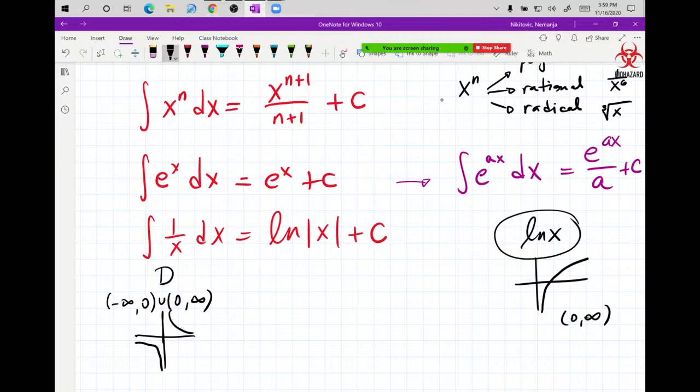But if you have the absolute value present, then all of a sudden, the graph for ln looks like this. It has 2 branches that do this. So 0 is still the vertical asymptote, but hey, we had that 0 vertical asymptote here as well. And you can see negative infinity to 0 union 0 to infinity again in there.